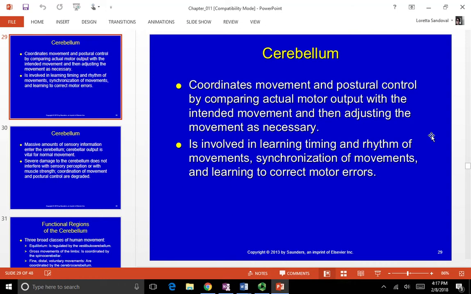In chapter 6, when we were talking about the unconscious relay tracts, they all end in the cerebellum. All that information coming in from the somatosensory system is used by the cerebellum to compare the actual motor output with the intended movement and adjust the movement. The cerebellum is involved in learning timing and rhythm of movements, synchronization of movements, and learning to correct motor errors.